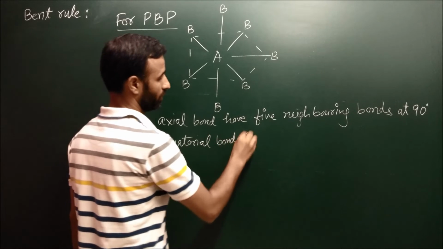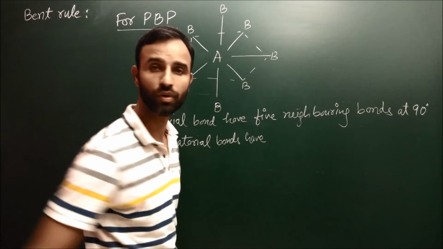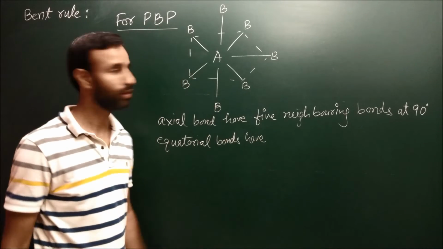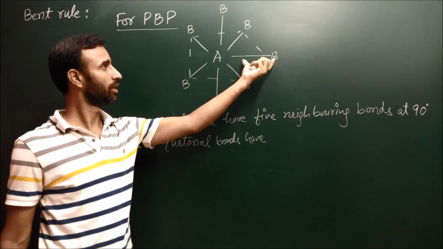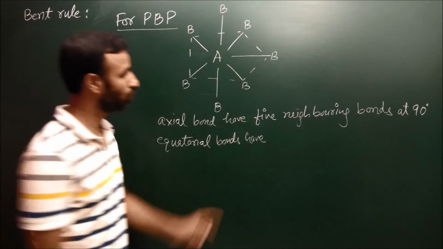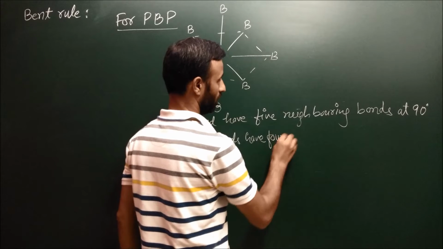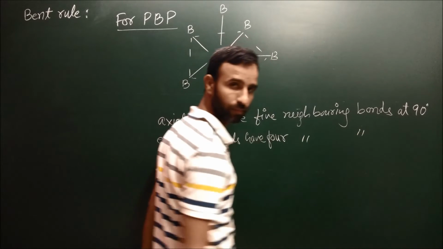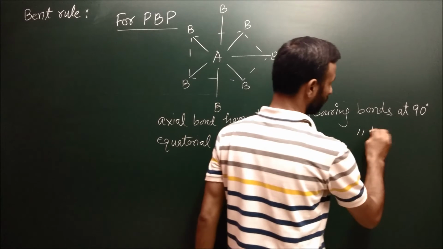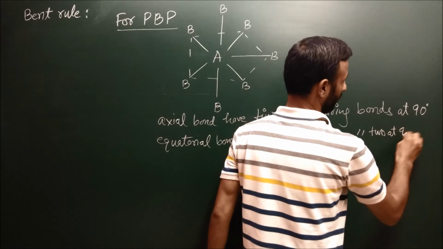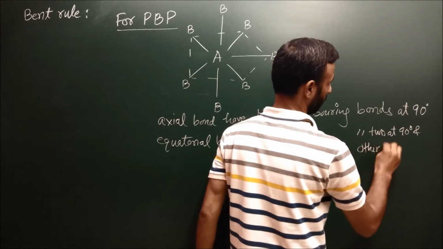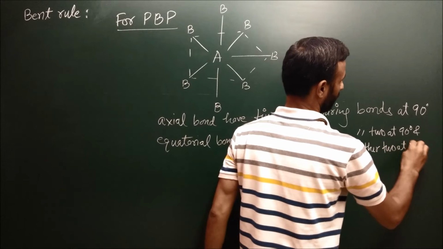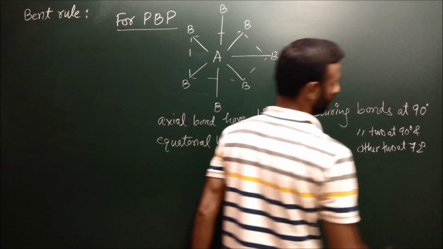Equatorial bonds have how many neighboring? Suppose this equatorial bond has 4 neighboring bonds, 2 at 90 degree and other 2 at 72 degree.